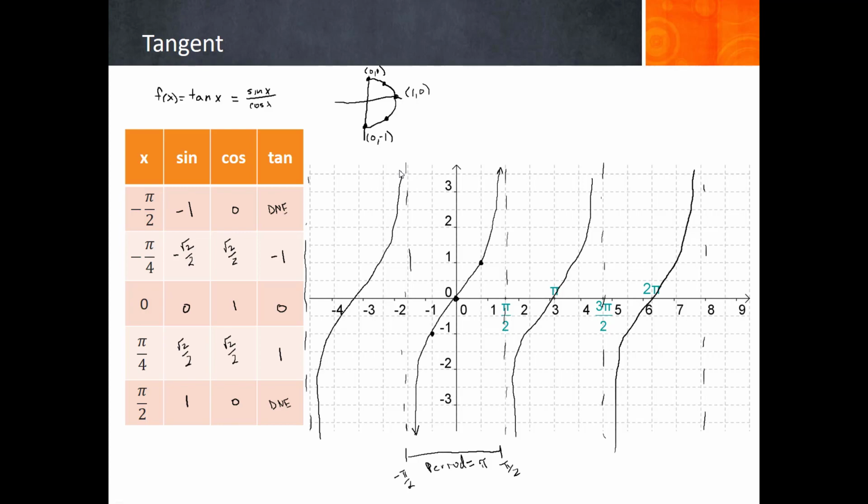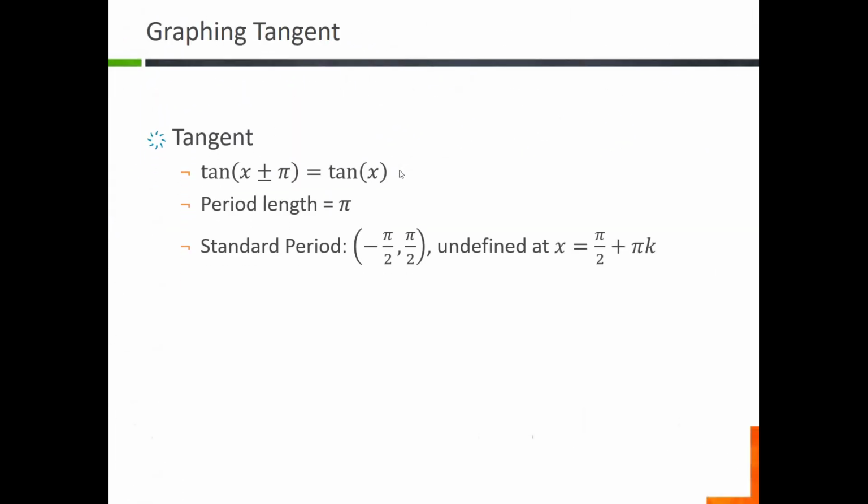Now to summarize some of this, we know that the standard period is pi, and that occurs between negative pi over 2 and positive pi over 2. And we're going to have a place where the graph is undefined, where we have a vertical asymptote, at every odd pi over 2. This expression here, pi over 2 plus pi k, is just a way of saying all the odd pi over 2s.